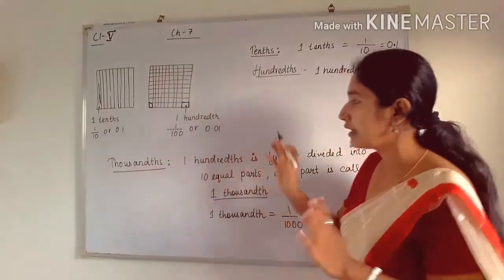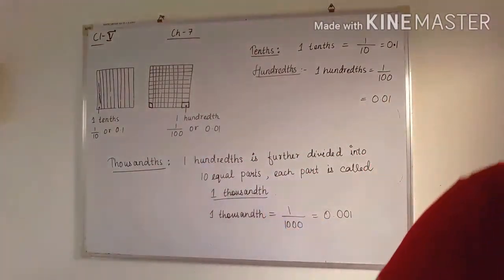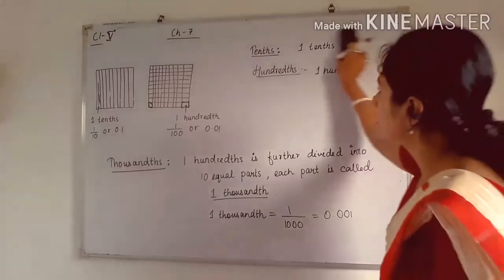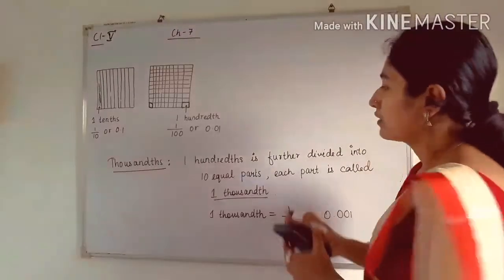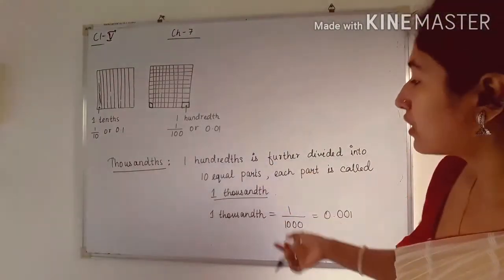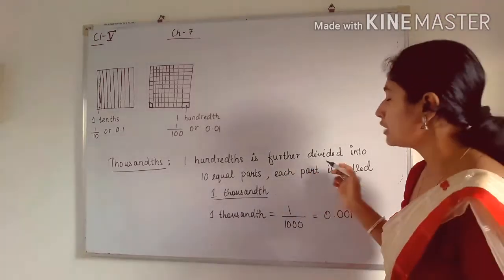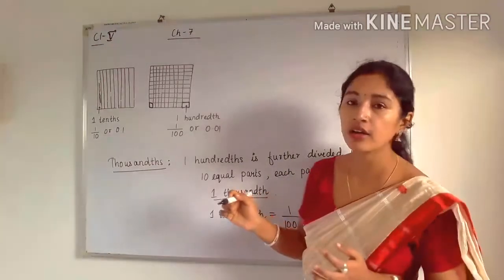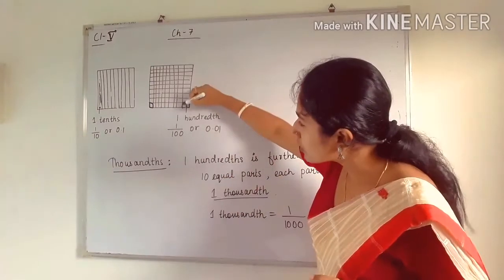So the next topic is thousands. See what is thousands. If I further divide 100 into 10 equal parts, where does my 100 lie? This small box is 100.